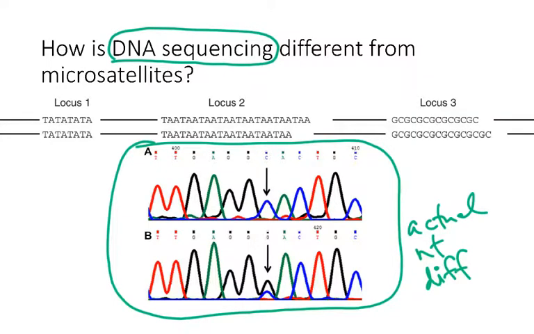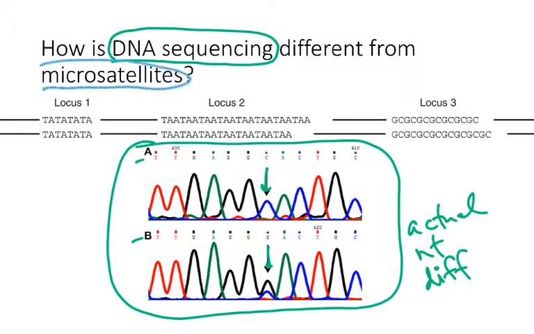So when we're using DNA sequencing, in this case from a single gene as a molecular marker, really what we're looking at are these actual nucleotide differences. So that's indicated by this black arrow here. Those are actual nucleotide differences between individual A and individual B, for instance.